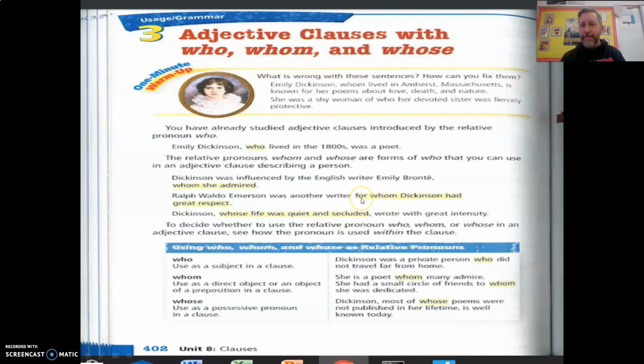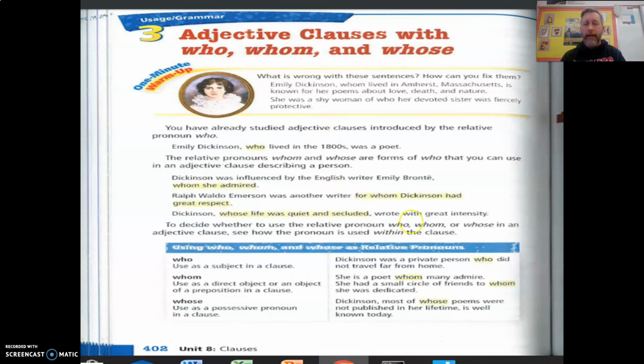Well, for isn't a noun or pronoun, is it? All right, so we basically just remember to include that word, even though it's not really a relative pronoun, because we are really modifying writer. Okay, so for whom Dickinson had great respect would be the entire adjective phrase.